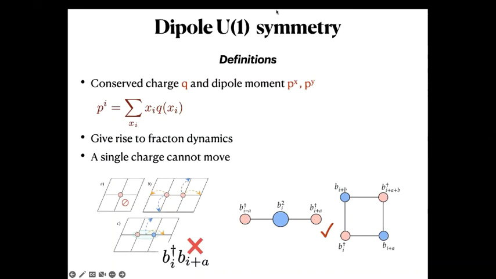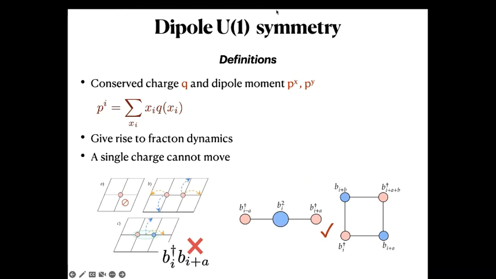In a usual system, when we consider a charged insulator or some type of many-body physics with charge degrees of freedom, we have a usual U(1) symmetry such that the total charge number in the whole system has to be conserved. However, we can also imagine a system which has both charge conservation and dipole moment conservation.